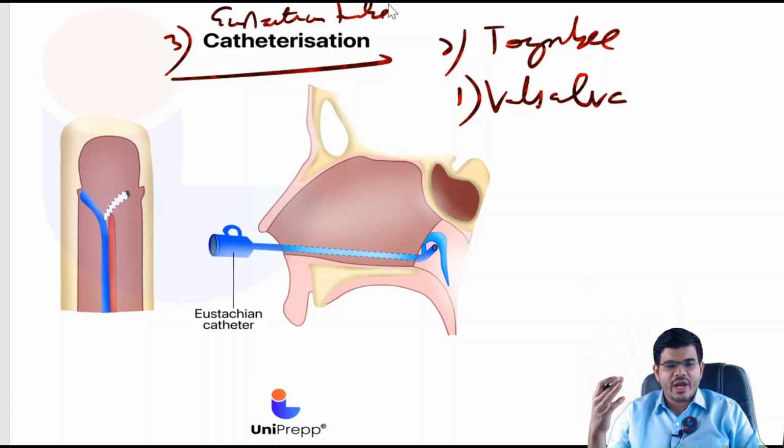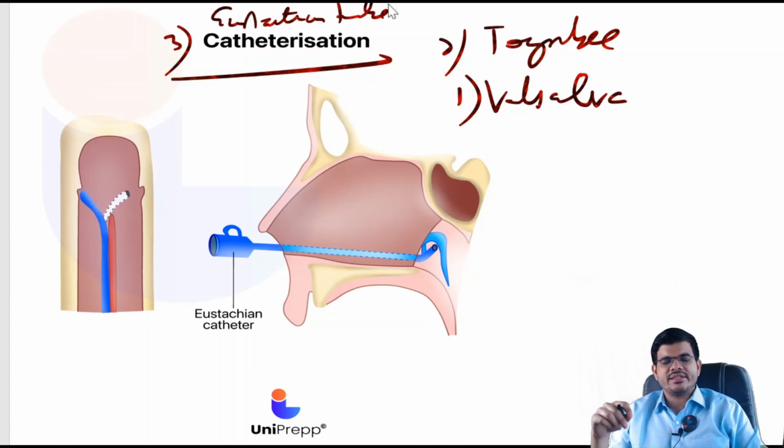You insert a eustachian tube catheter, which is metallic, into the floor of the nose until the posterior end of the septum is reached. Then it is turned medially by 90 degrees, engaged in that area, and then turned 180 degrees so as to put it within the eustachian tube orifice.